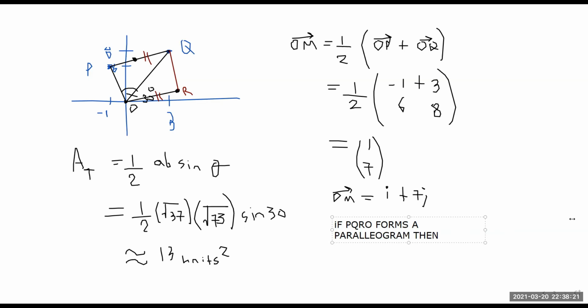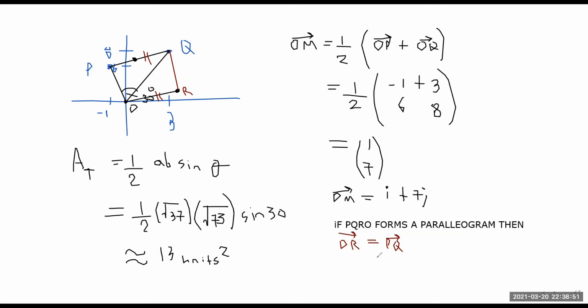A parallelogram has two pairs of parallel sides. So we know that the direction of OR is going to be equal to the direction of PQ, because they are parallel. So we know that OR is equal to PQ, but didn't we find vector PQ?